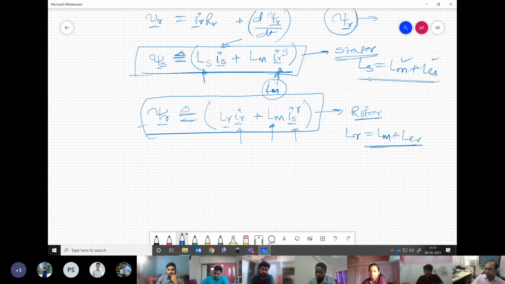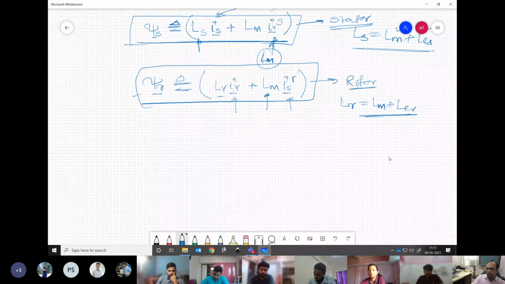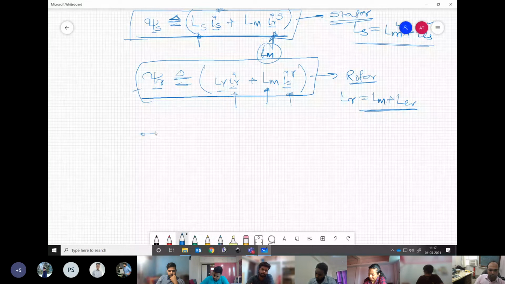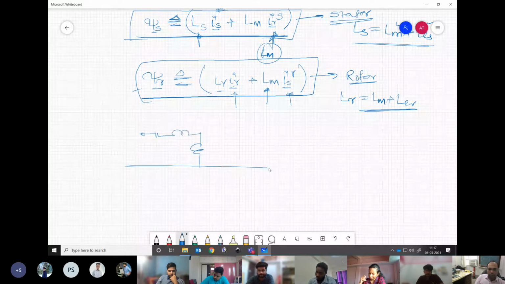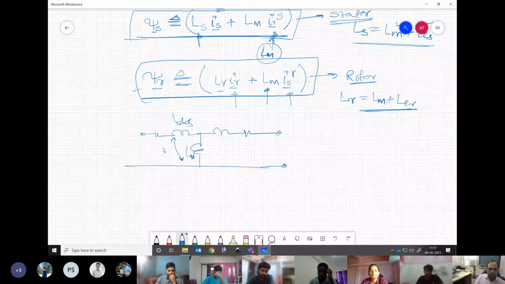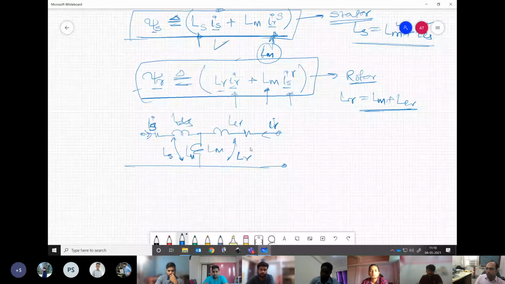Understanding my point? This is what we see in the equivalent circuit also. In the equivalent circuit, the sum of LLS plus Lm gives you the total stator inductance, and the sum of LLR and Lm gives you the total rotor inductance. And the currents which are linking with these inductances, that we are taking in these two equations.